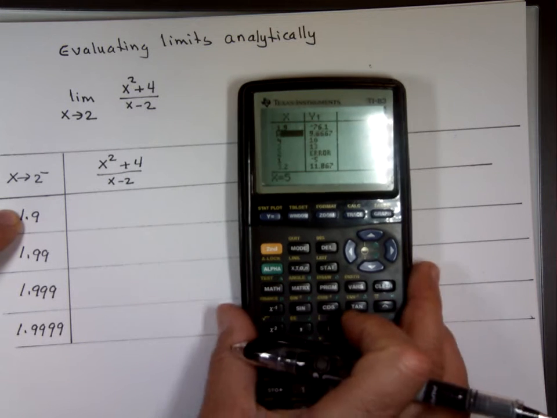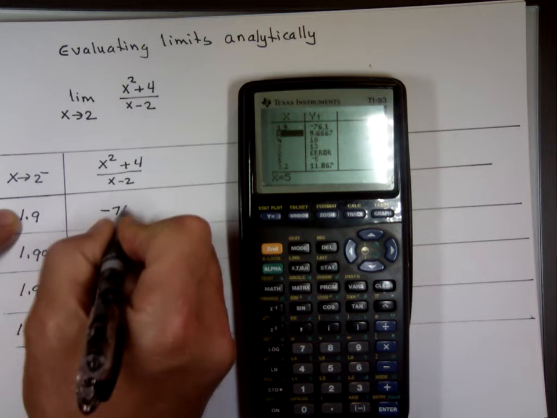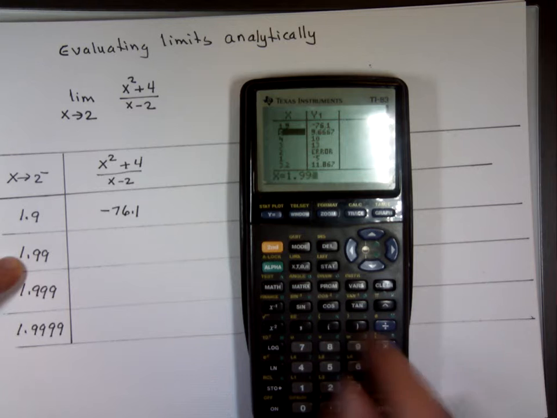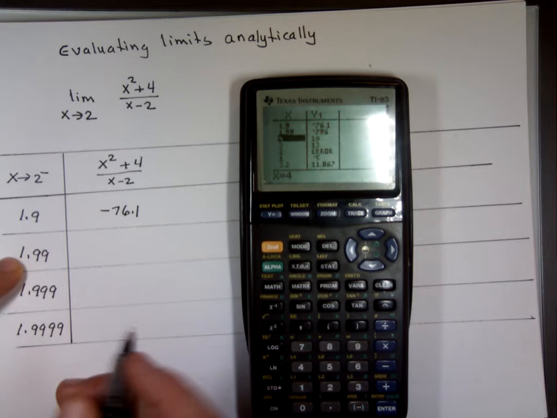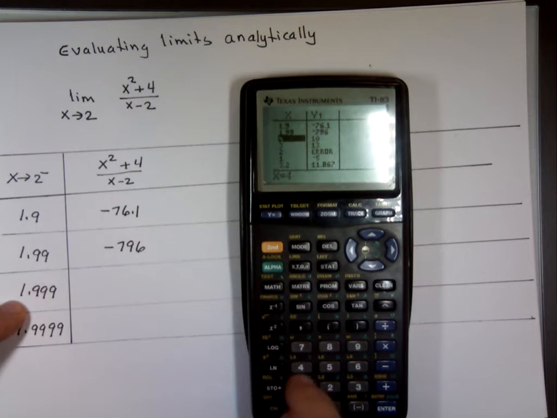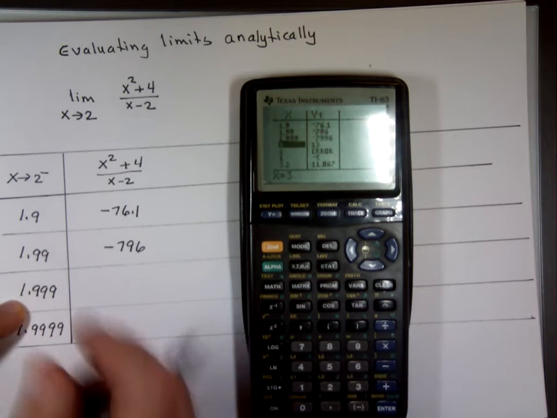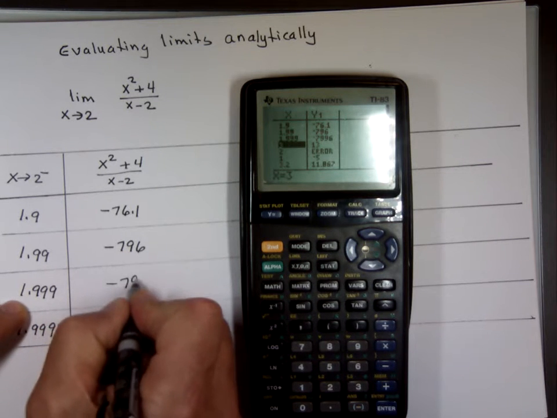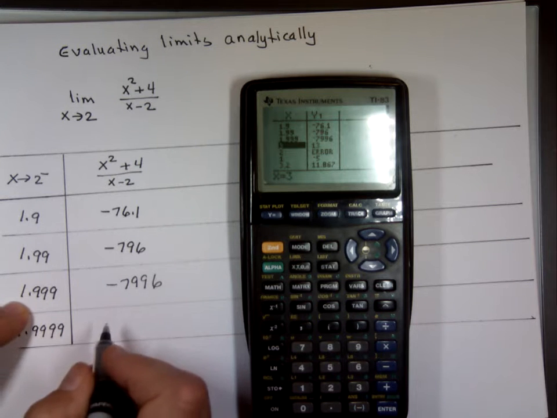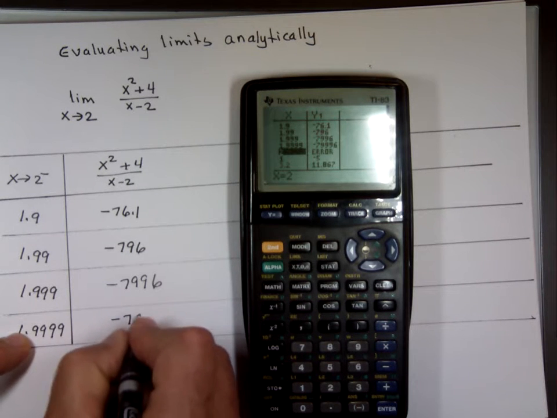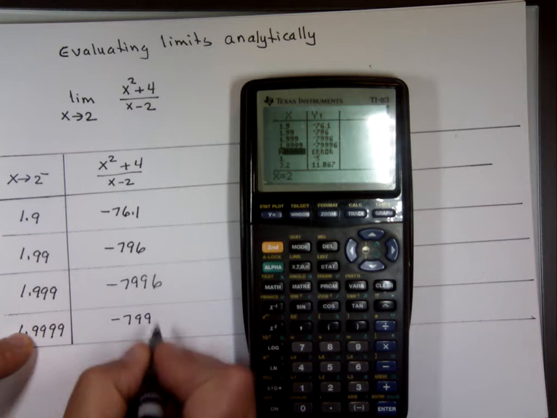For 1.9, I got negative 76.1. 1.99, negative 796. 1.999, negative 7996. 1.9999, negative 79996.